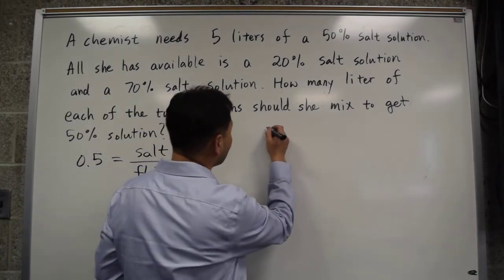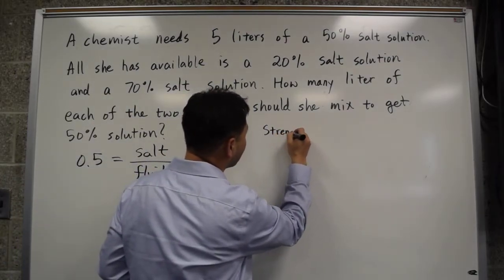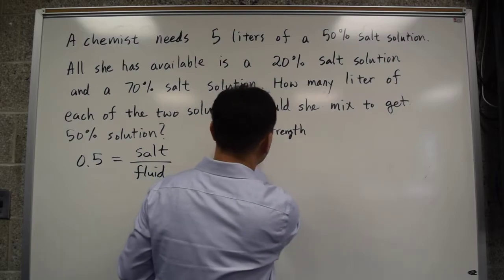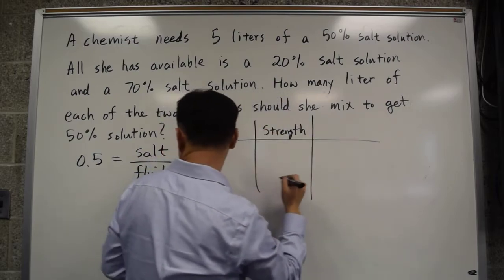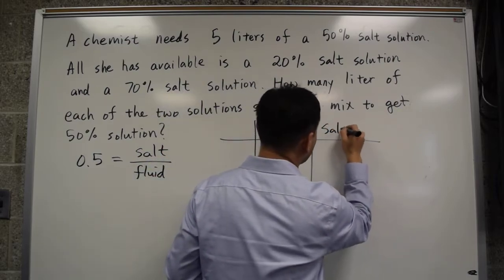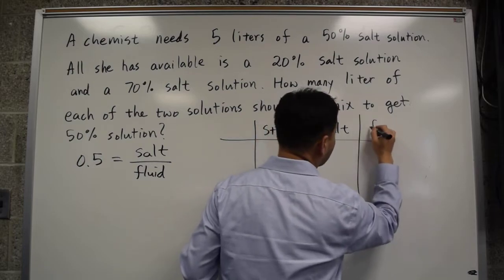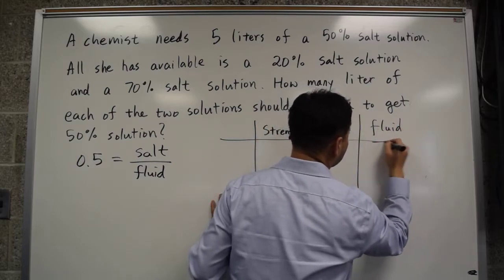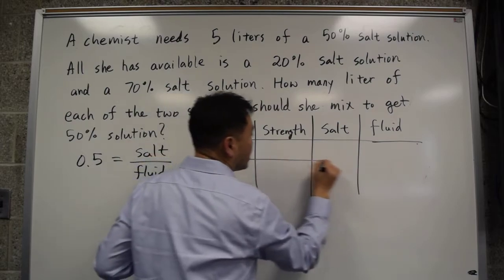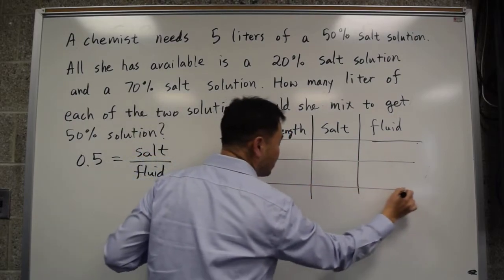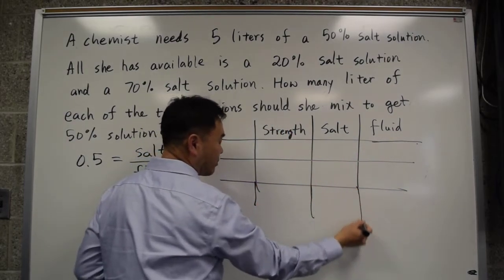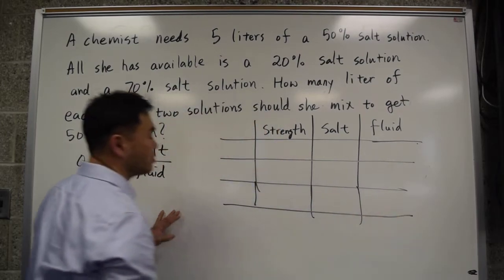So there's the strength of the solution, there's the salt, and there's the fluid. And in mixture problems, you usually have 3, because you have the mixture.